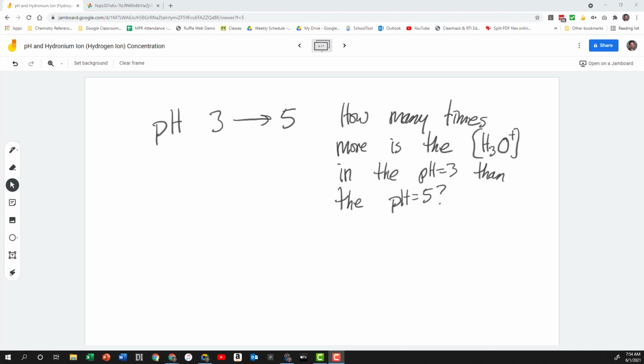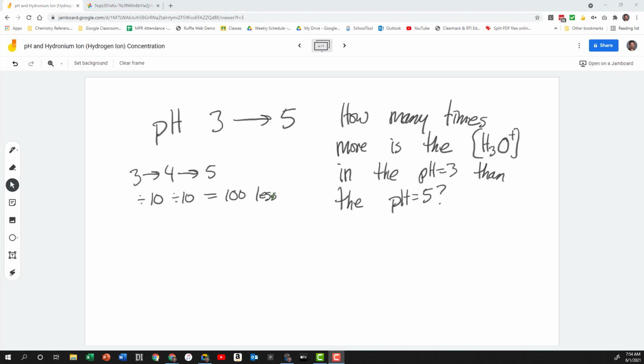Well, every time we change from one to the other, so if we change from 3 to 4, it's times 10. Actually, it's divided by 10 because we're decreasing. And if we go to 5, it's divided by 10 again. So that's dividing by 100.